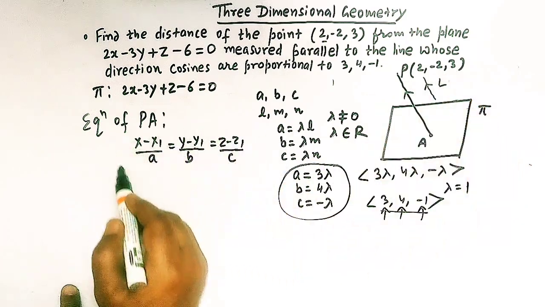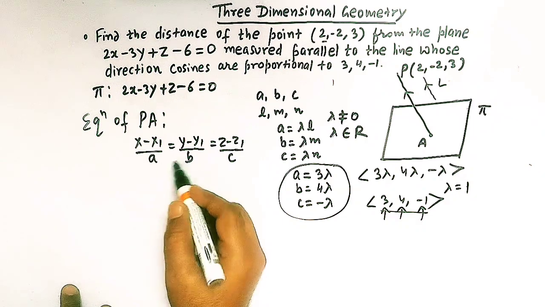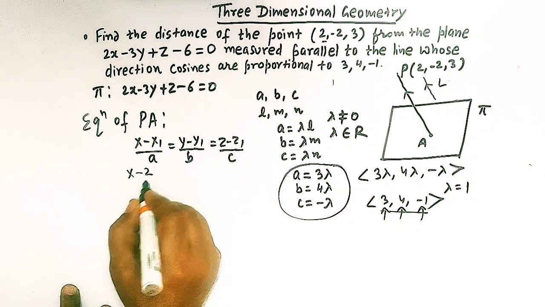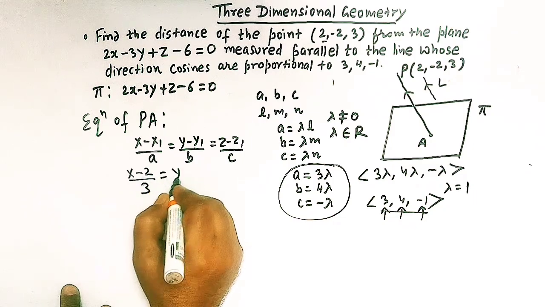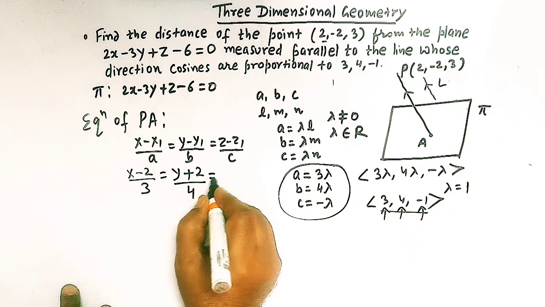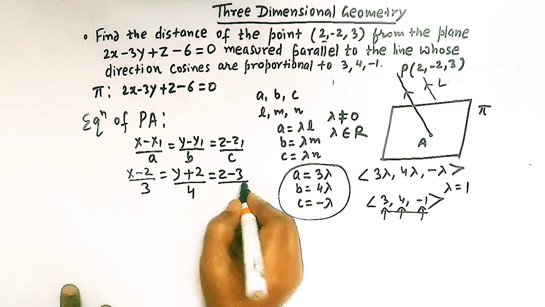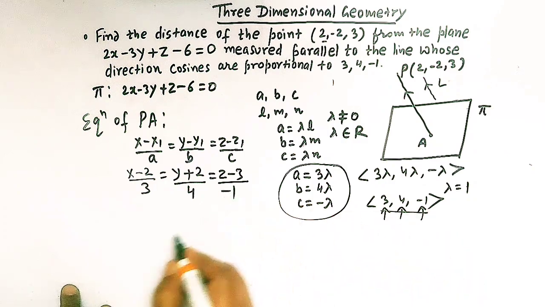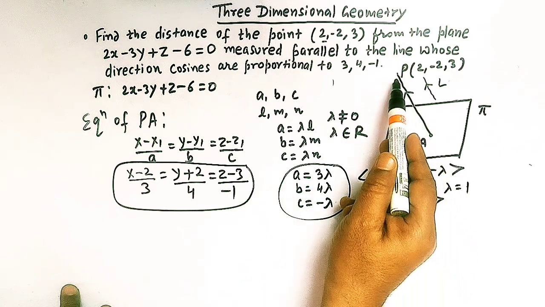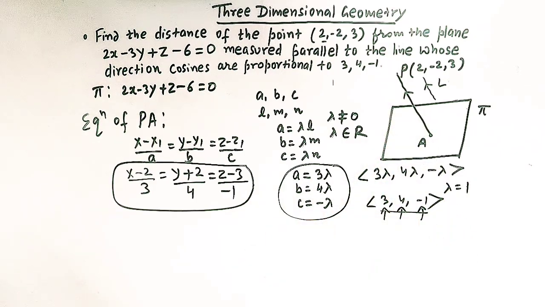So this form of equation is known as the symmetric form of the equation of a line. So we have (x minus 2) over 3, then (y plus 2) over 4, and (z minus 3) over minus 1. So this is the symmetric form of the equation of this line PA.